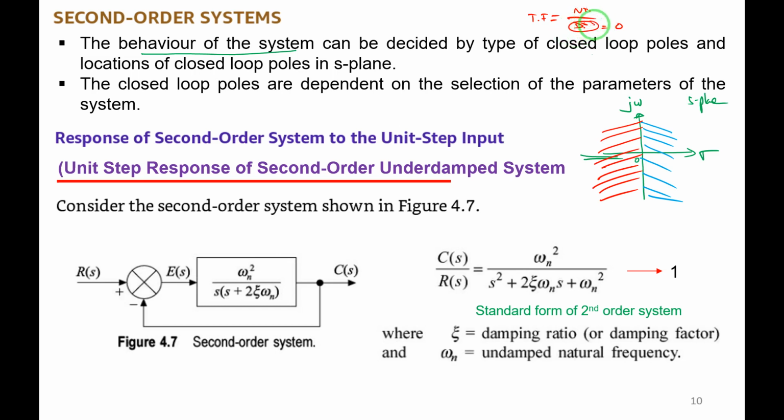The roots have a location in the S plane. If the roots are located in the left half of the S plane, the system is stable. If the roots are located in the right half of the S plane, the system is unstable. If the roots are located on the imaginary axis, it is marginally stable or conditionally stable.